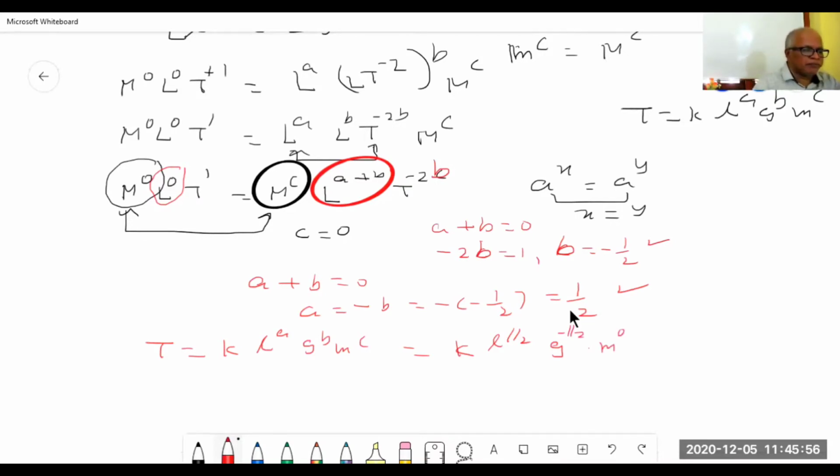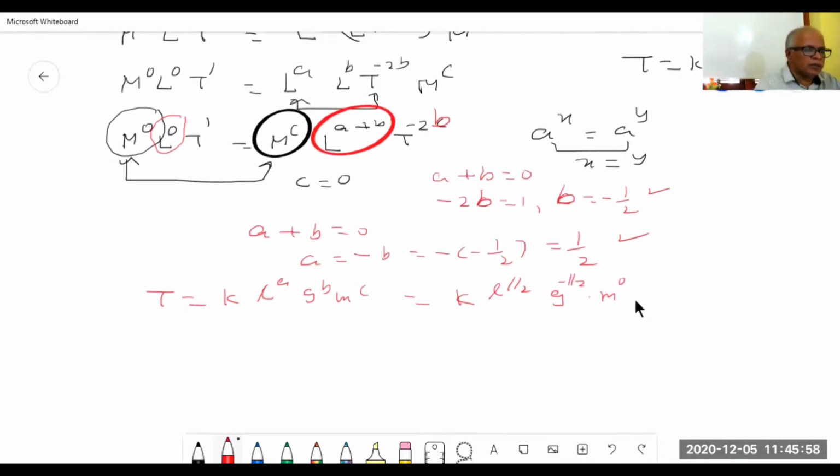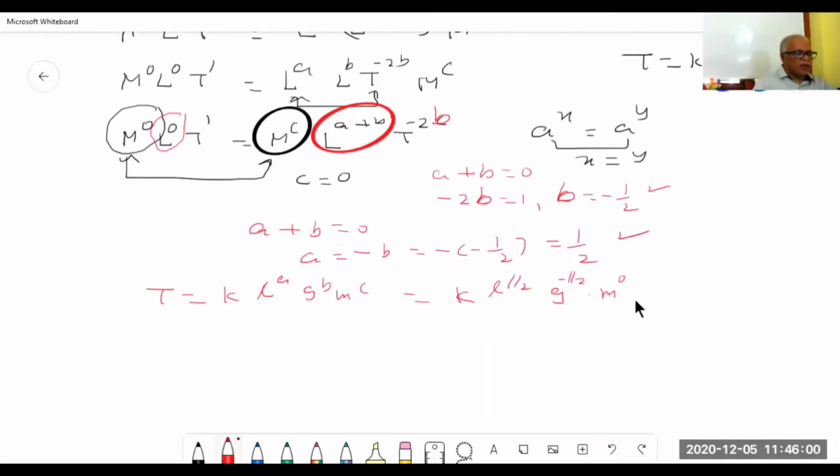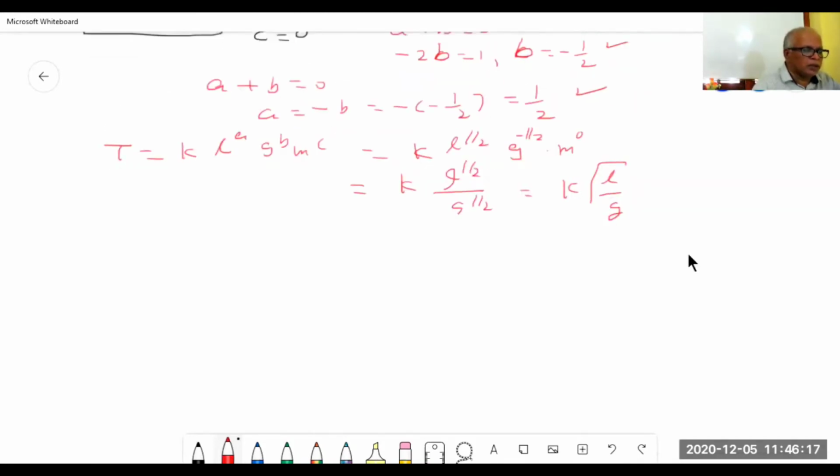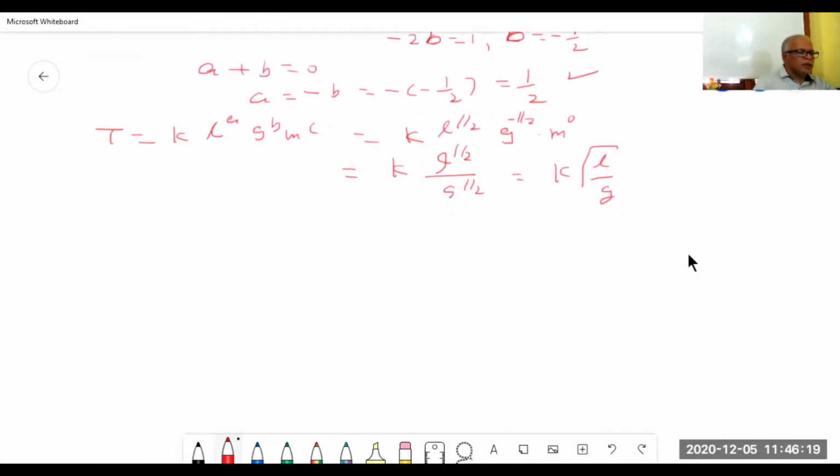What will you get? You will get K into L raised to 1 by 2 by G raised to 1 by 2. That's root only, K root of L by G. So you have T is equal to K root of L by G.